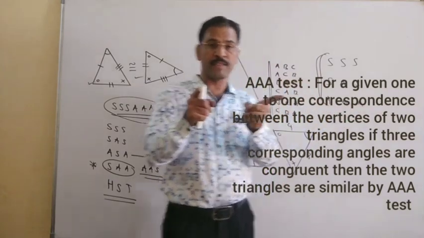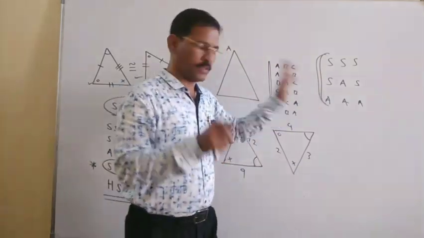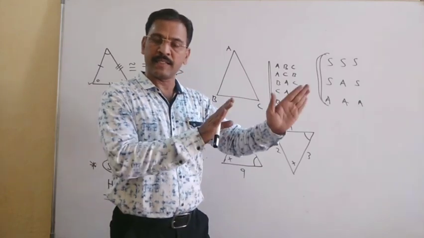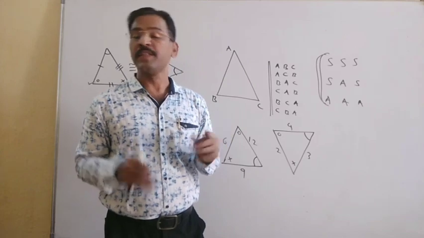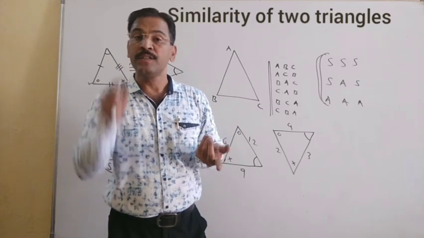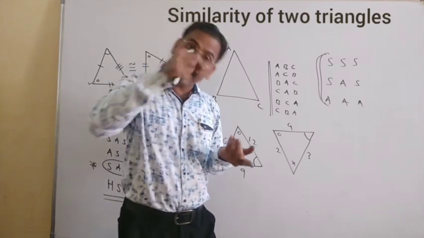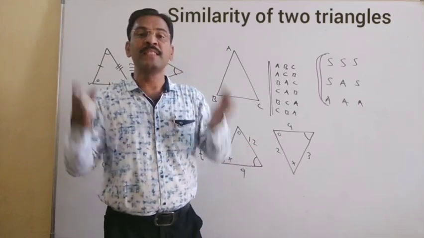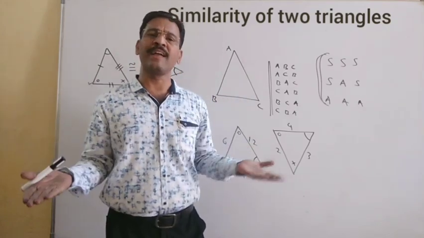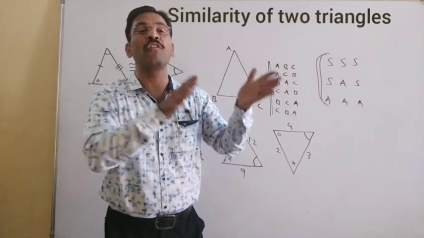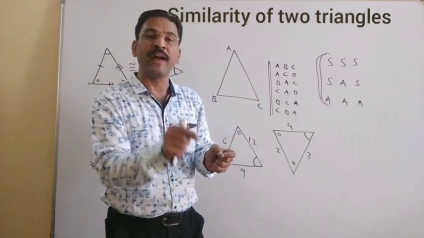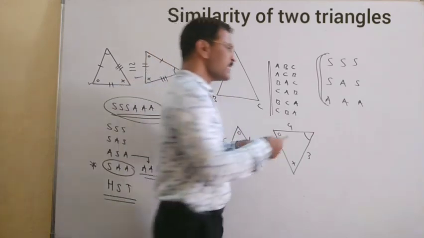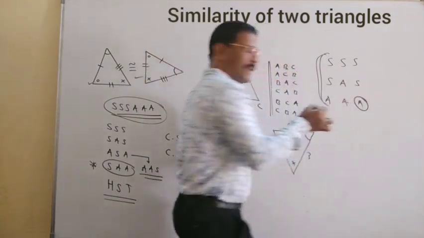But remember friends, suppose in the AAA test one angle is not given, only 2 angles are given to us. Then tell me, what about the third angle? The third angle we can find by using the property that the sum of measures of all angles of any triangle is always 180. By using this property, we can find the third angle.